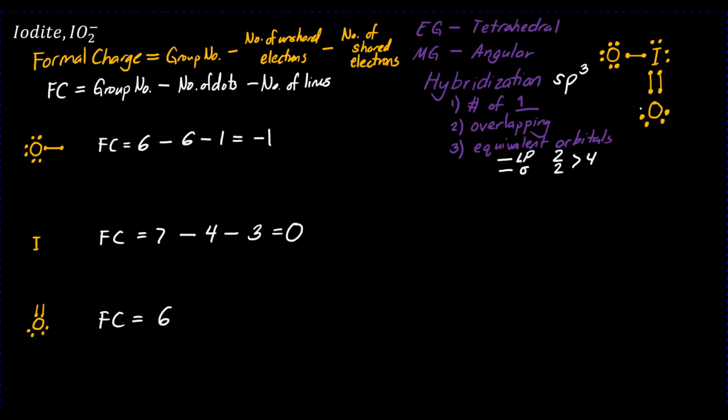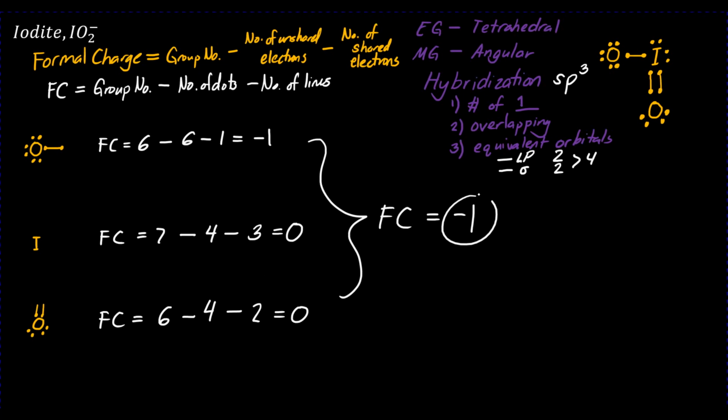Number of unshared electrons, 1, 2, 3, 4. Number of shared electrons, 1, 2. 0. If we add the total formal charge for each atom, it should be equal to the charge of the ion itself. For molecules, the total formal charge should be equal to 0 because molecules are neutral.